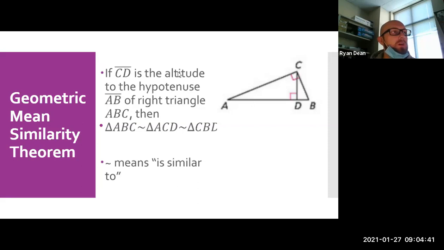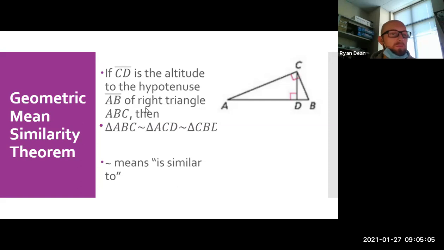I know we haven't talked a lot about what these words mean, but altitude is just saying that going from C to D, this segment is the shortest segment that connects the vertex straight down to the hypotenuse, and then we have this 90-degree angle here.